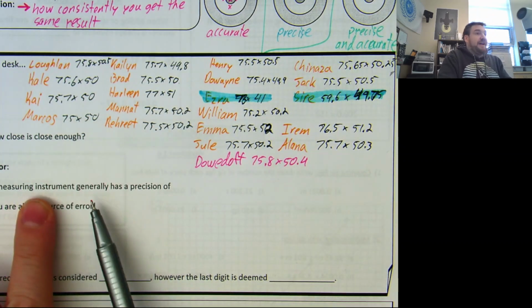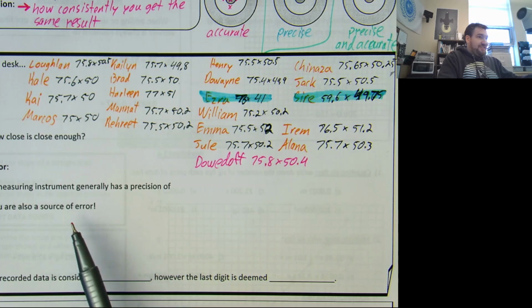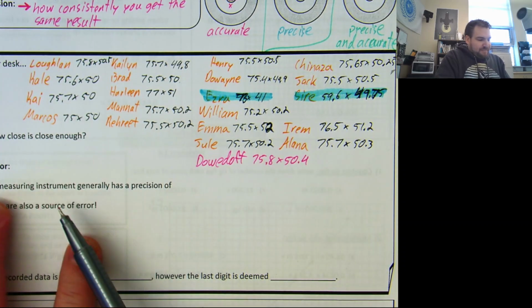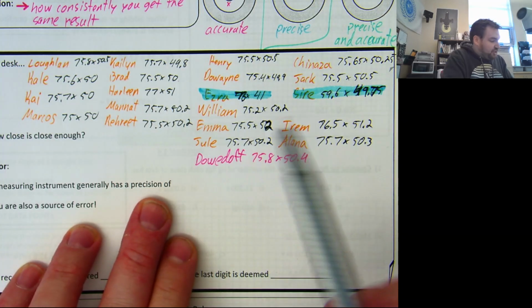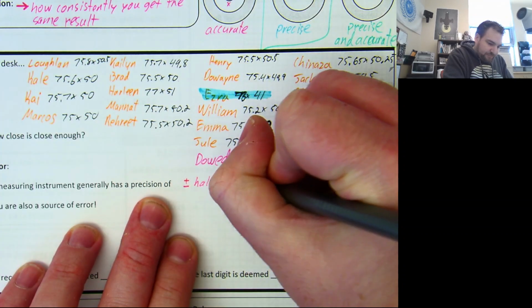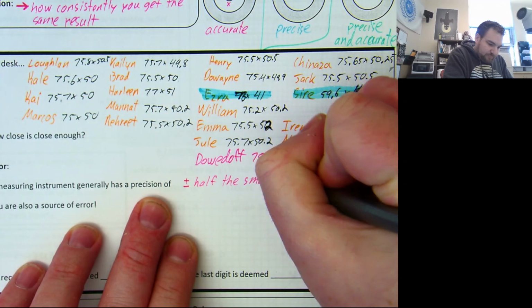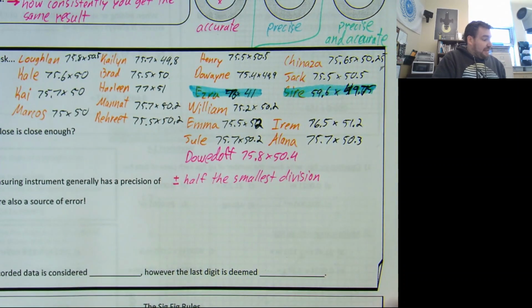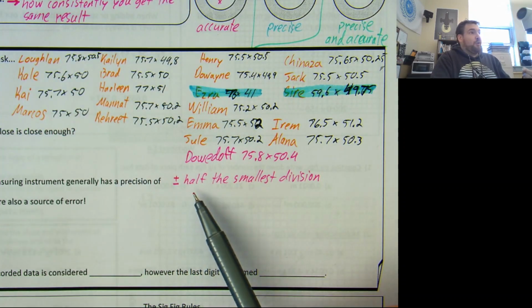So for a measuring device, whether a ruler, a thermometer, a scale, or a stopwatch, a measuring instrument generally has a precision of plus or minus half the smallest division. If you were using a millimeter ruler, with millimeters labeled on it, that means plus or minus half a millimeter.